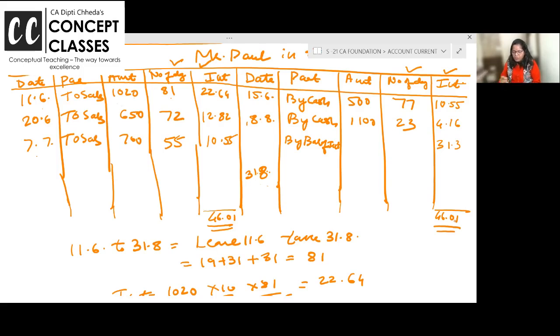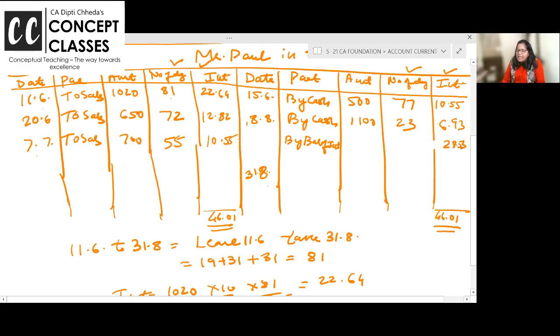Check this interest once, last wala. 1100 into 10% into 23 days divided by 365. It's coming different. I'm doing the correction. 6.93. So balance will change. 28.53 is the balance of interest coming there.